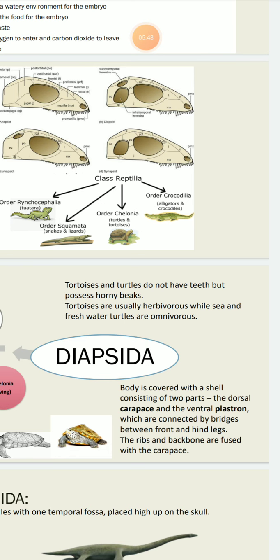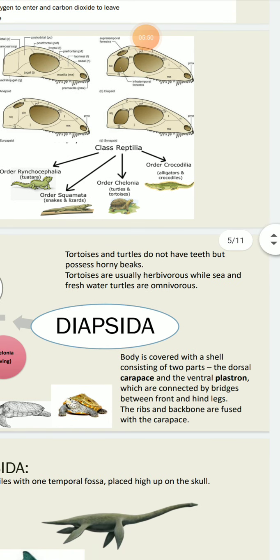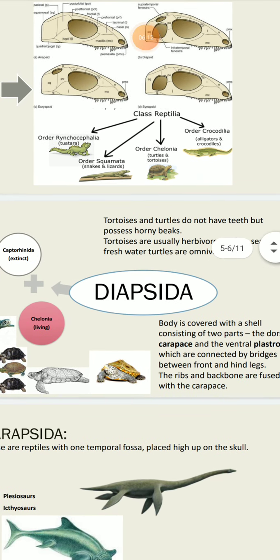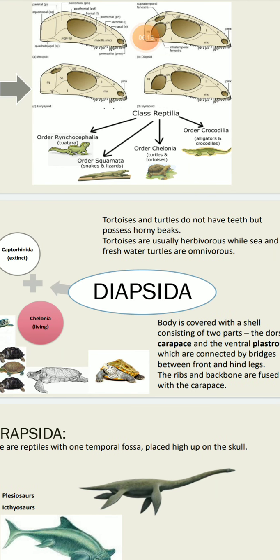The body is covered with a shell consisting of two parts: the dorsal carapace, the hard shell, and the ventral plastron, which are connected by bridges between the front and hind legs. The ribs and backbones are fused with the carapace, which is an important characteristic feature of anapsid animals, in Chelonians specifically.